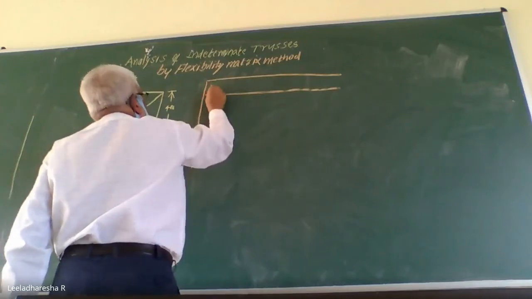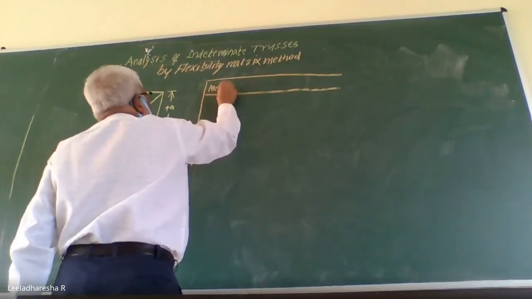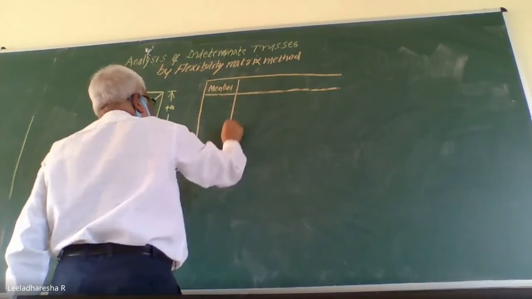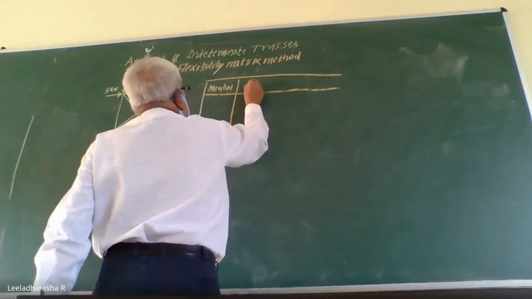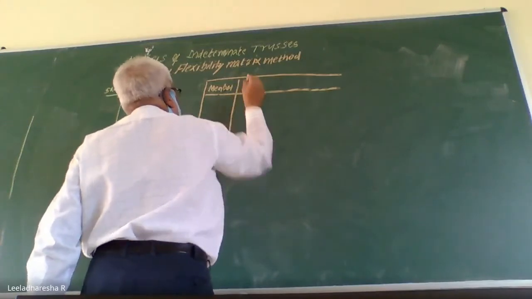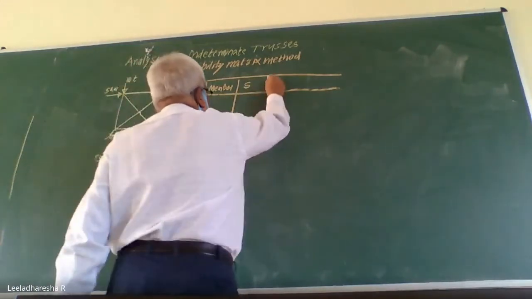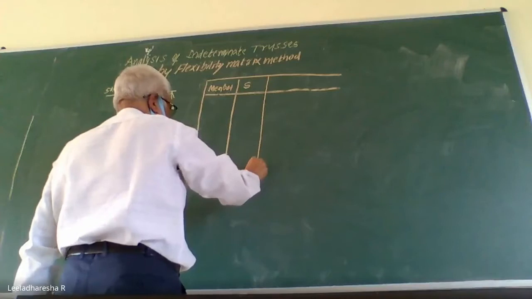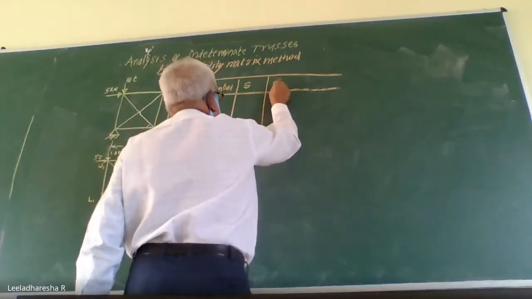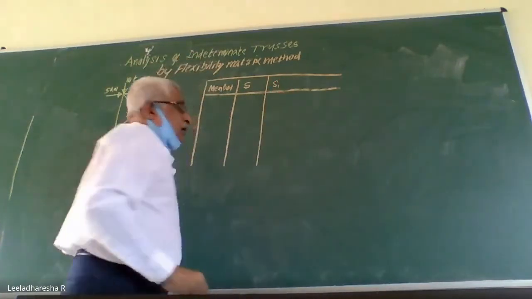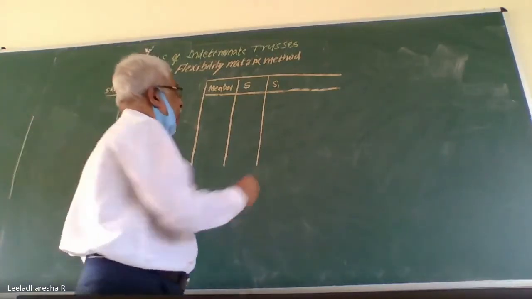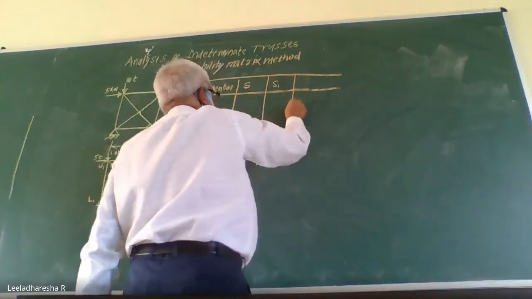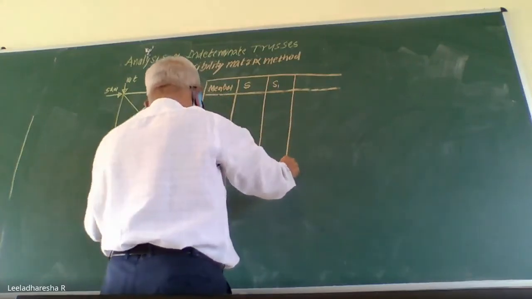In the first column, write the name of the member. Then the force due to external loads in the members, that we can call S. Then the force due to application of unit load in coordinate direction 1, that I call S1.